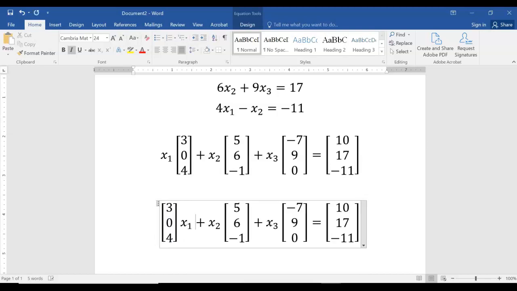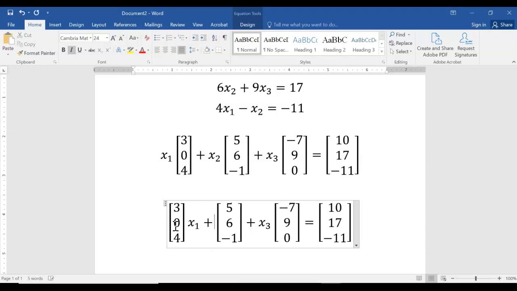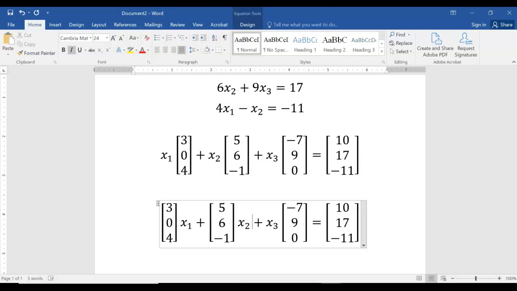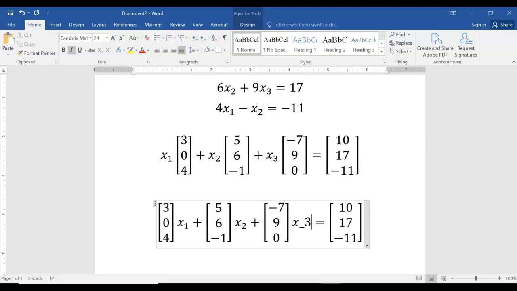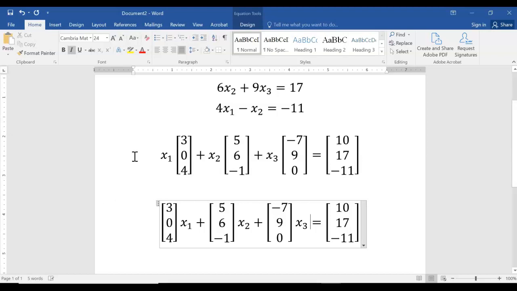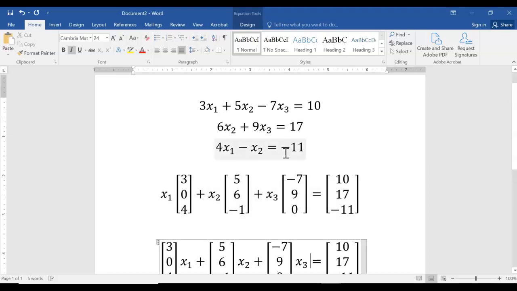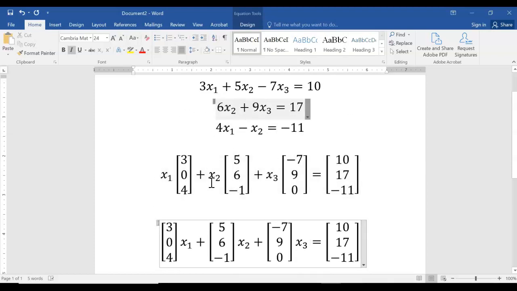So it does not matter whether you put them in front of your vector as your scalar multiplication or behind your vector. The book tends to put the real number in front of the vector. Some people like to put the vector in front of the real number. It gives you the same answer either way. All right. So that's how to take a system of linear equations and translate it into a vector equation.